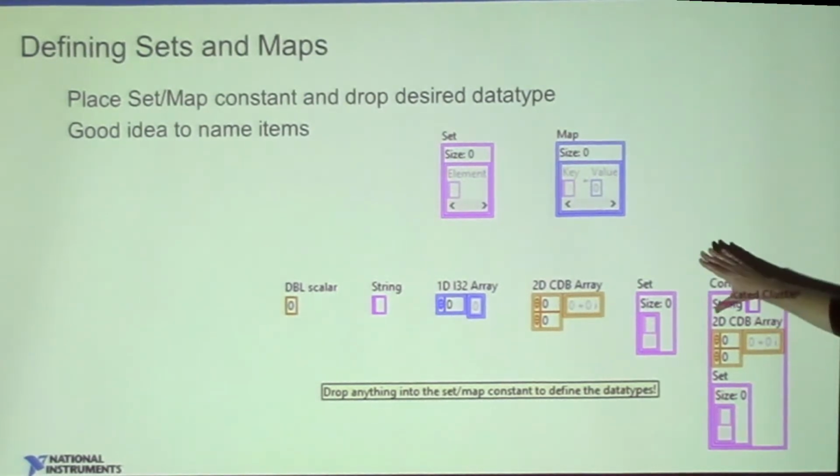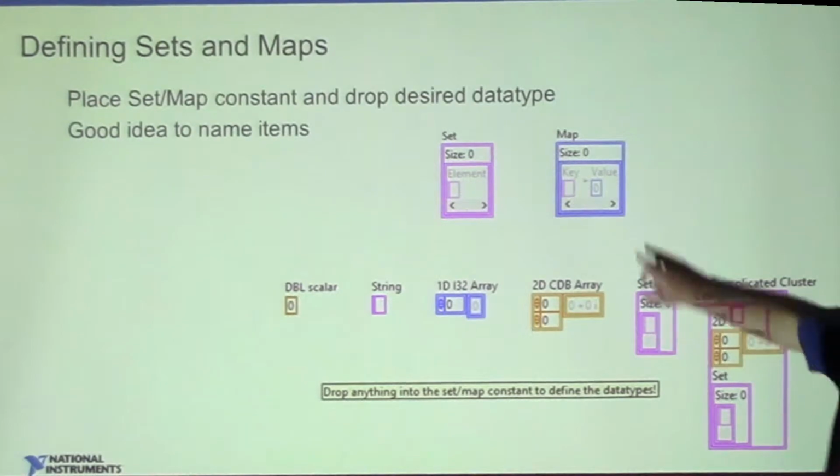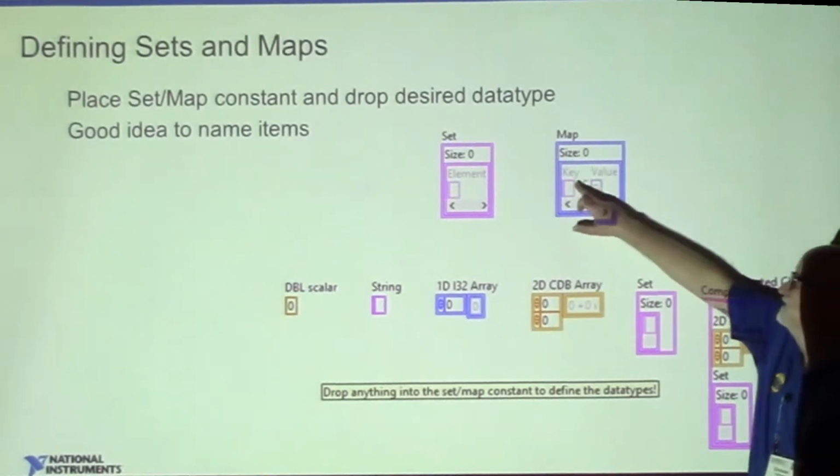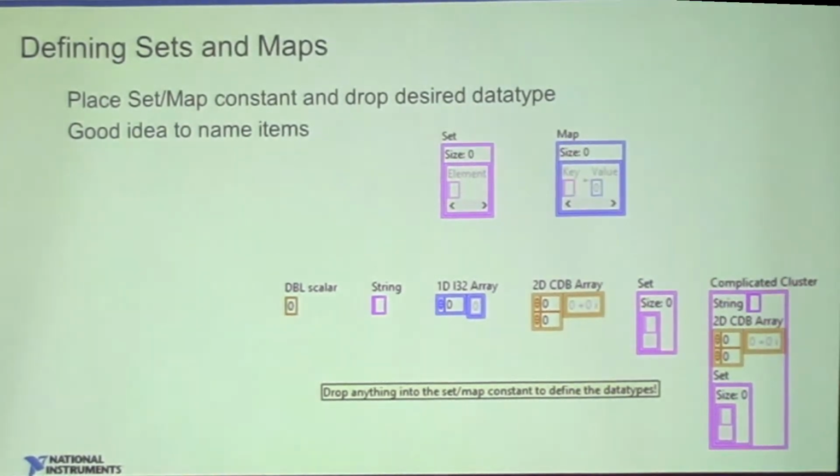The default is a string, but you don't need to worry about that. And by default, they're not named. It's probably easier if we put a name on it. But you just right-click, show label, and add something.